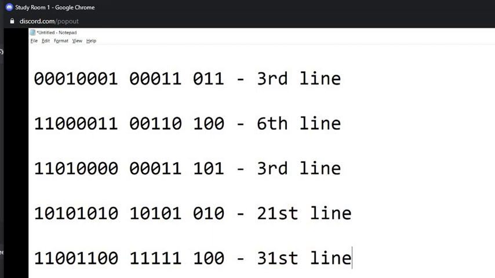So this is a type of problem where we have to answer: what is the line entry where this byte will reside? They will always give so many bytes and the memory configuration, and we need to find at which position it is present.